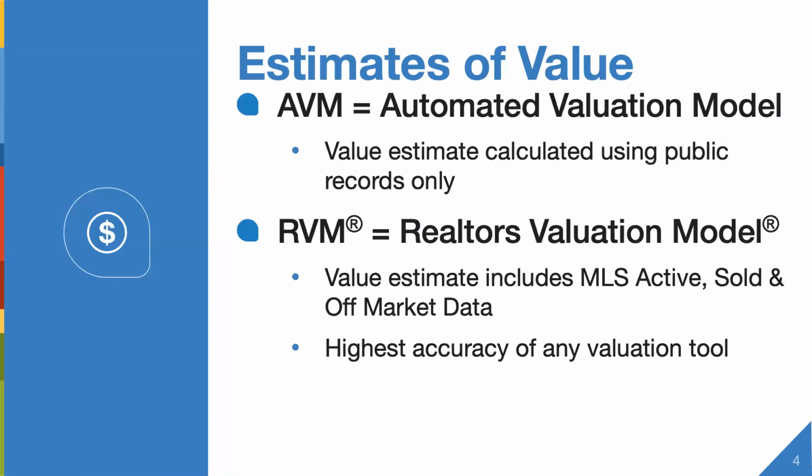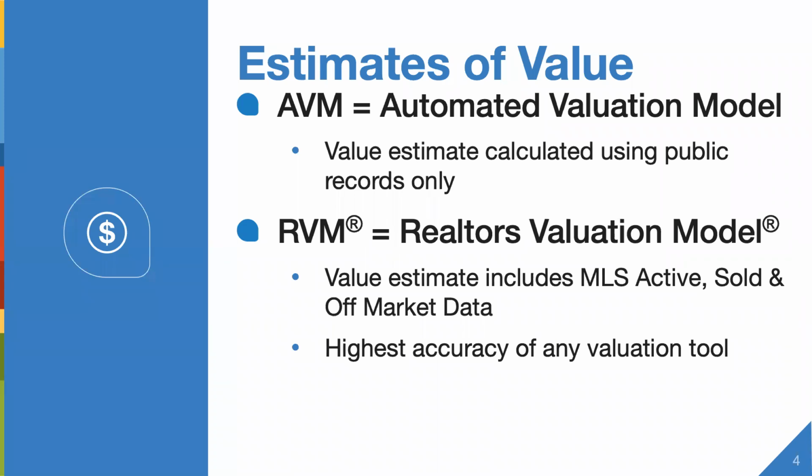All right, so the two terms you'll see in RPR, one is an AVM, which is an automated valuation model. This is an estimate that's calculated using the public record information only. And there's a lot of AVMs out there that all of our clients and customers are referring to get the numbers for their house or even a home that they're getting ready to purchase.